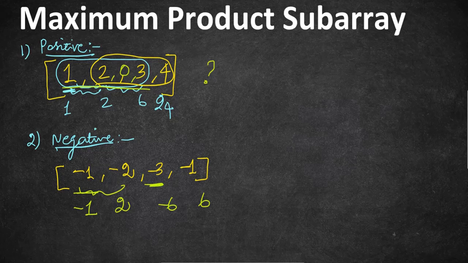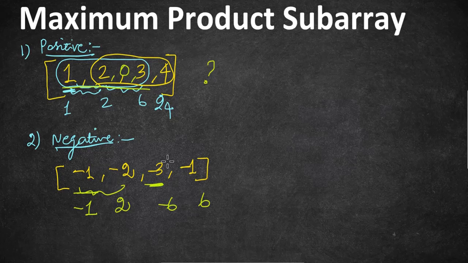So what would be the maximum possible product if we have to ignore either this element or this element? If we ignore either of the -1, the product is anyway going to be -6, which is not the largest value out of all.